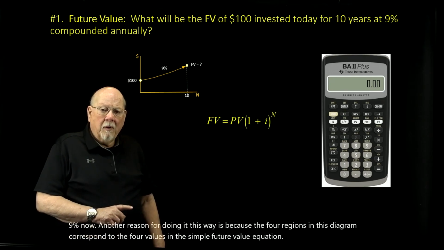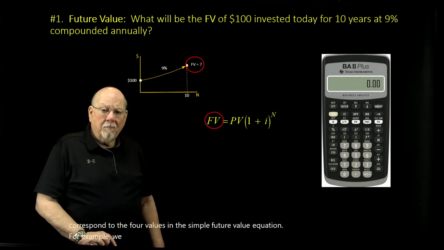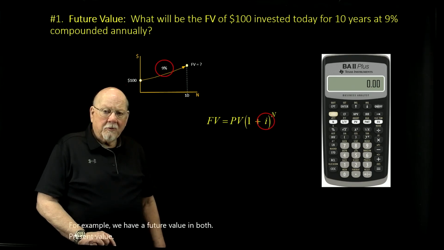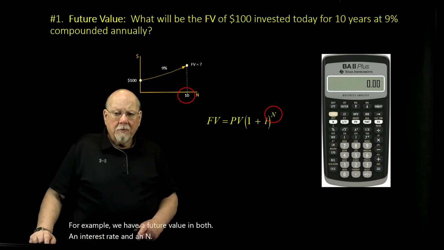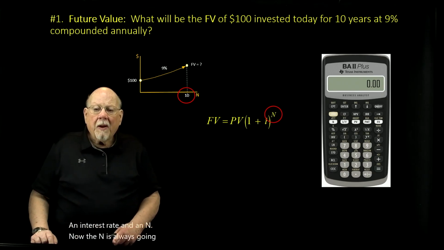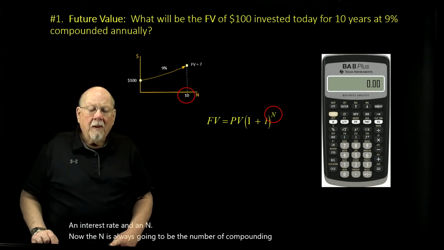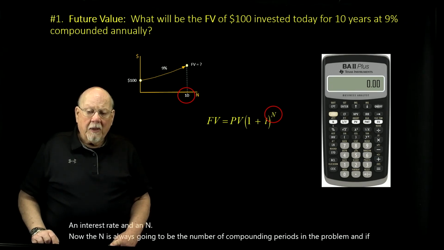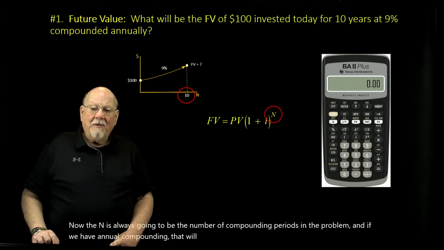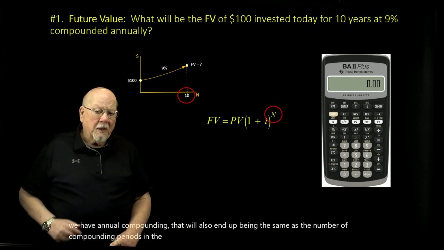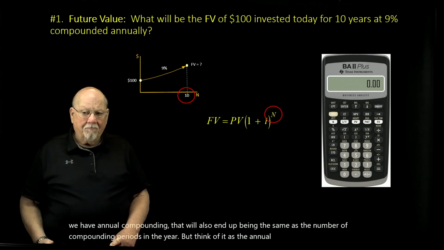For example, we have a future value, a present value, an interest rate, and an N. Now, the N is always going to be the number of compounding periods in the problem. And if we have annual compounding, that will also end up being the same as the number of compounding periods in the year. But think of it as the annual compounding periods in the problem.